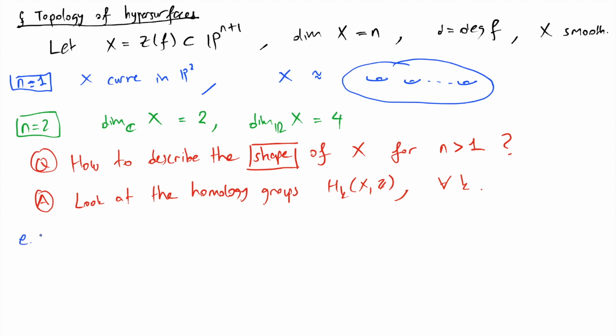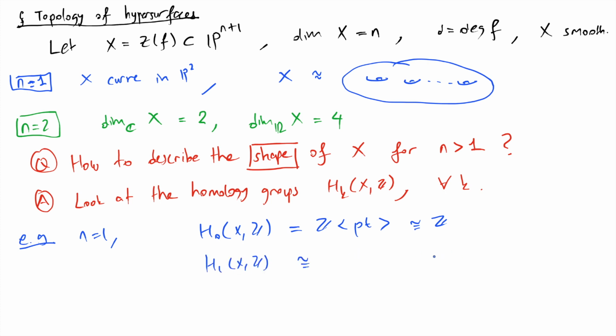Let's go back to our curves. So when n equals 1, the zeroth homology group is the set of points up to equivalence. So this is generated by any point. Any point is equivalent to any other point. X is path connected. So this is just H_0(X, Z) is Z. Remember that we said H_1 was basically generated by a bunch of loops, and this has rank 2g.